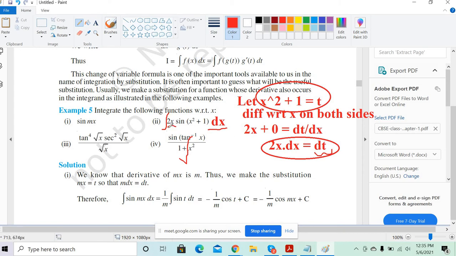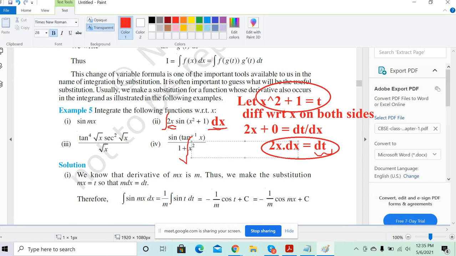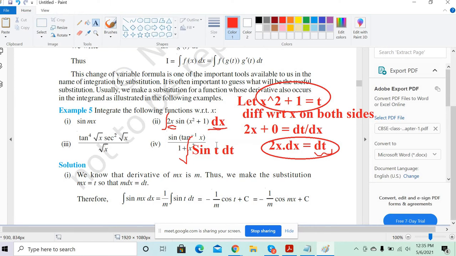It is 2x into sin of (x square plus 1) into dx. So 2x combined with dx gets replaced with dt. So the integration will become sin t, because x square plus 1 is replaced with t, then here it is dt. Now did you get it in the form of a standard formula?